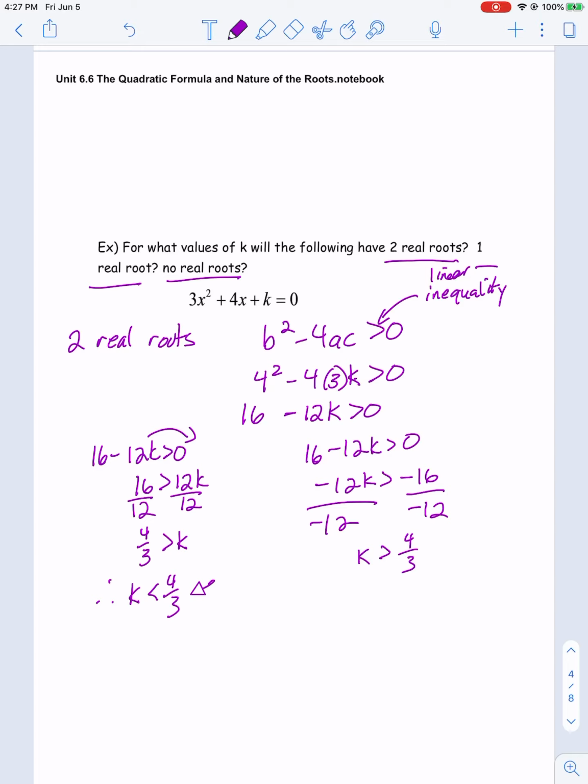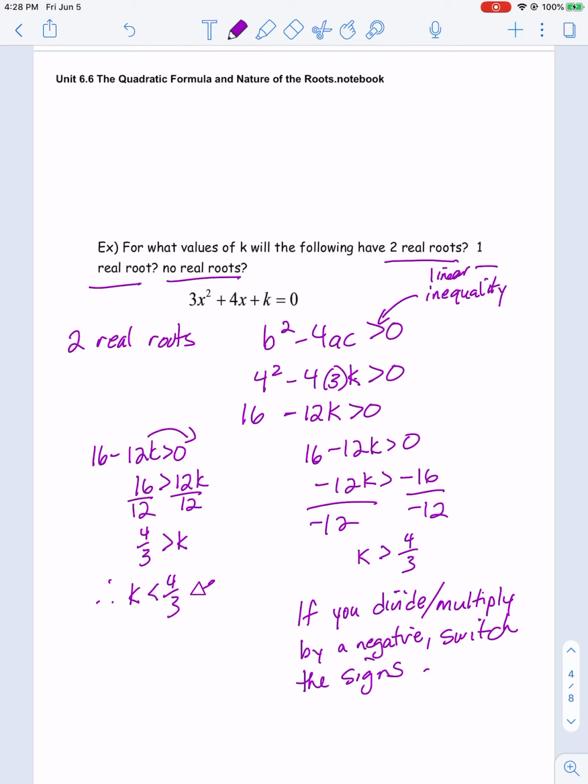If you divide by a negative, you need to switch the sign. Actually, if you divide or multiply, because dividing by a negative is the same thing as multiplying by its reciprocal, by a negative, switch the direction of the inequality.